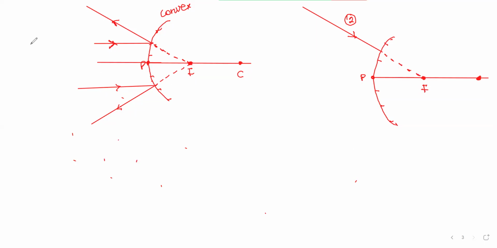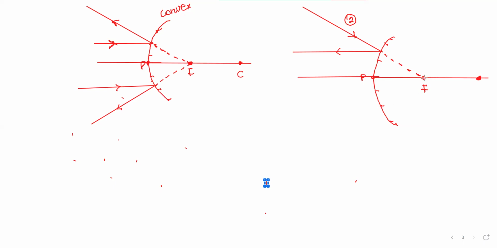So the ray appears to be passing through F, and after it interacts with the mirror, the reflected ray must be parallel to the principal axis. So this is the reflected ray. Let me extend the principal axis a bit, okay? So here the ray appears to be passing through F, and after reflection, it must be parallel to the principal axis. Let's use two rays.